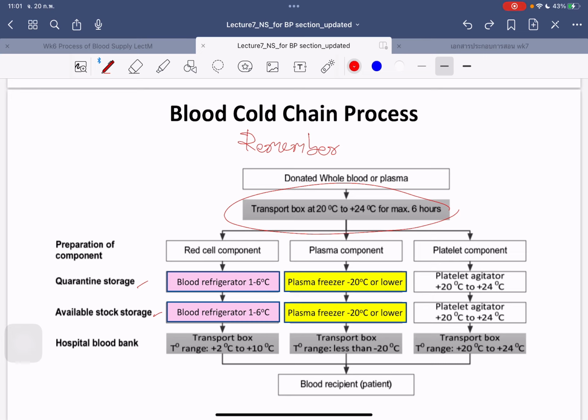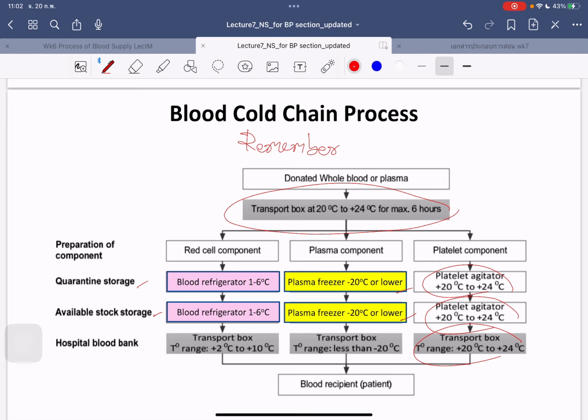And the platelet component is the important one. It really has a short half-life. It has to be transported or stored at 20 to 24 degrees Celsius with agitation all the time. If you just put it on your table, the platelets will die, and you cannot transfuse them to the patient.